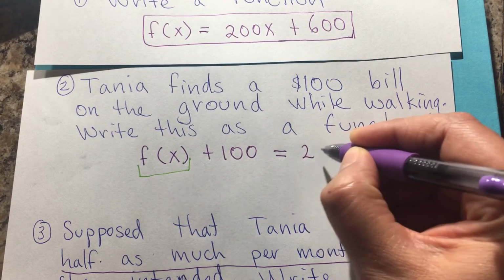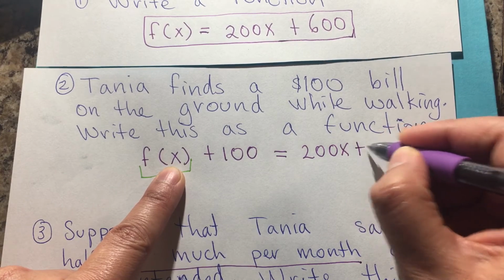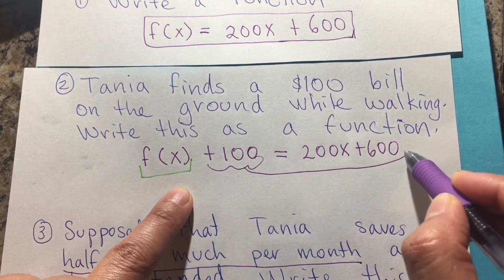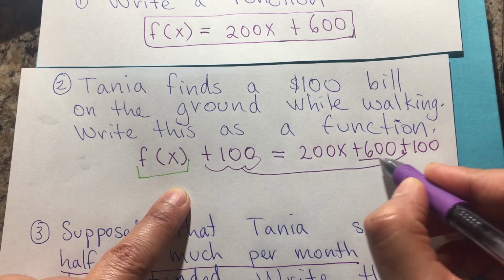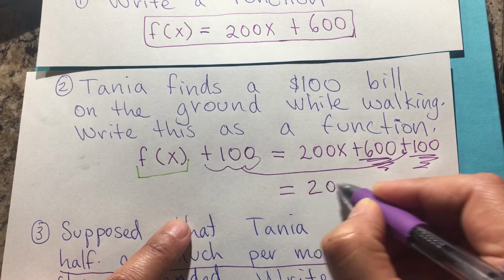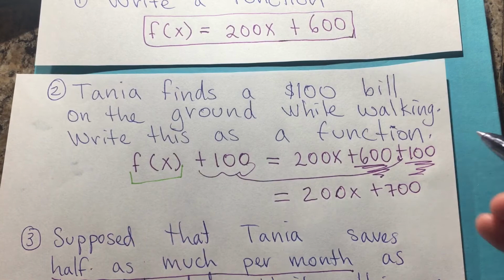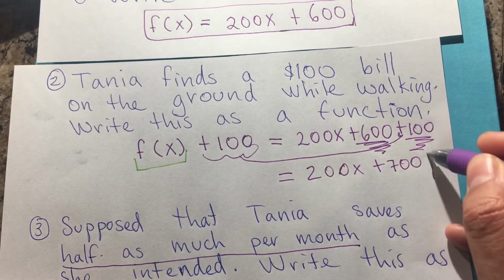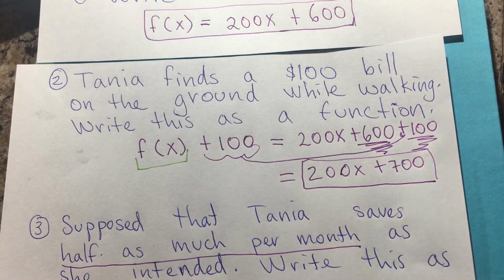So copy the function as it is, 200x plus 600, and then just bring this over, plus 100. Then just simplify by combining like terms, and so that equals 200x plus 700. Okay, again, if they ask you to bring this notation down, sometimes they do, you bring it down. That's just part of the notation.